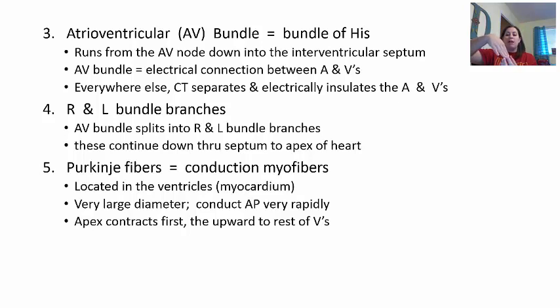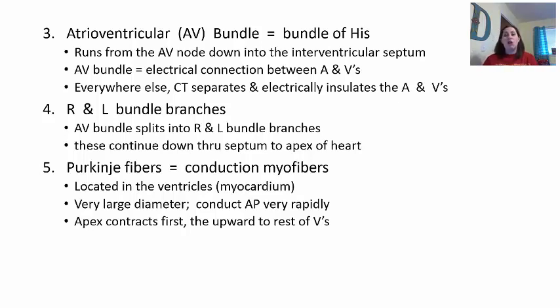Purkinje fibers come up the sides of the right and left ventricle, up into the myocardium. This allows the action potential to move rapidly, because these are very large diameter fibers. The apex then contracts first, and it pushes the blood up out of the ventricles, either to the pulmonary circulation or the systemic circulation.